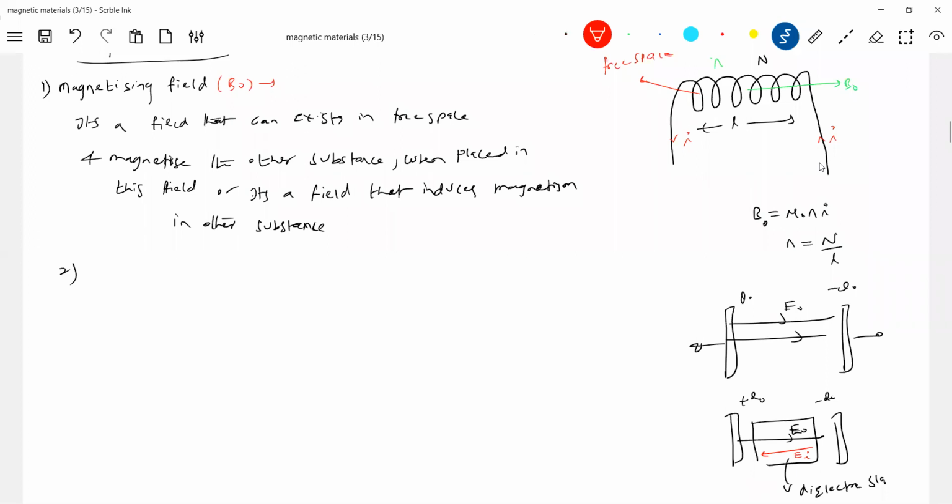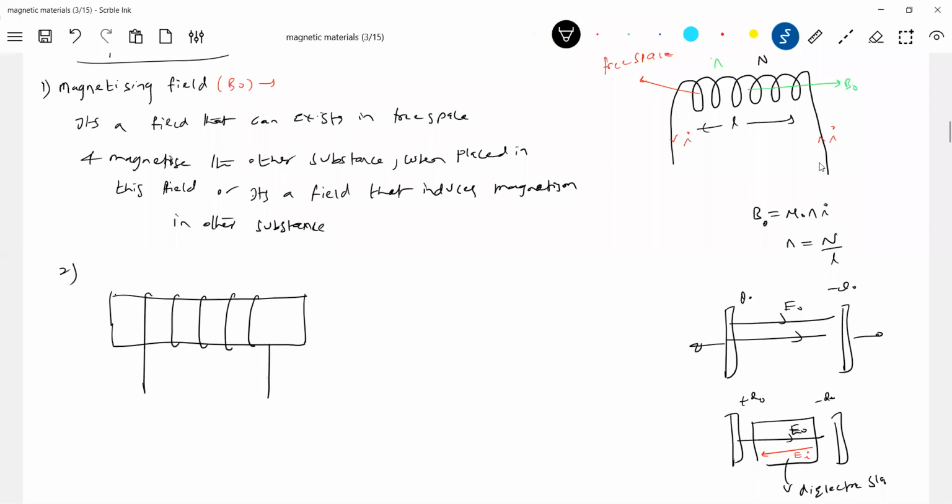Similarly, what will happen? When I bring any magnetic substance, and I pass a current I, this current I flowing here will produce a magnetic field in this direction, B naught.